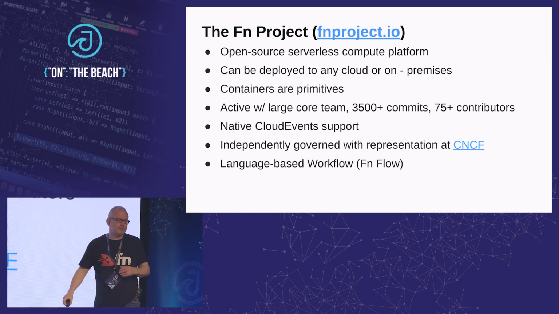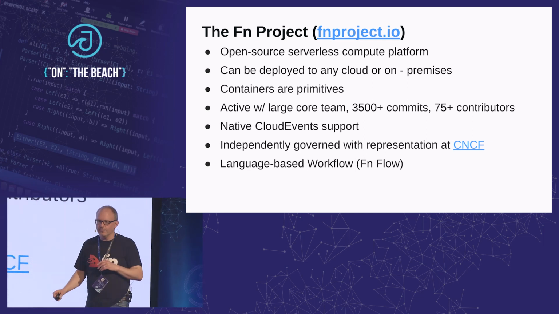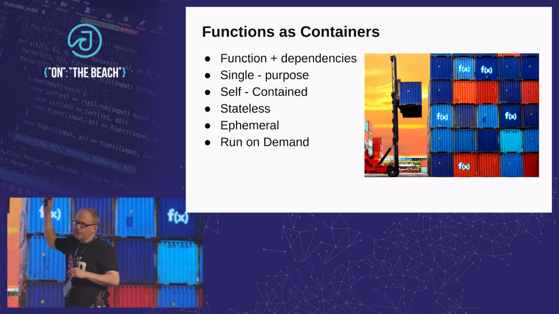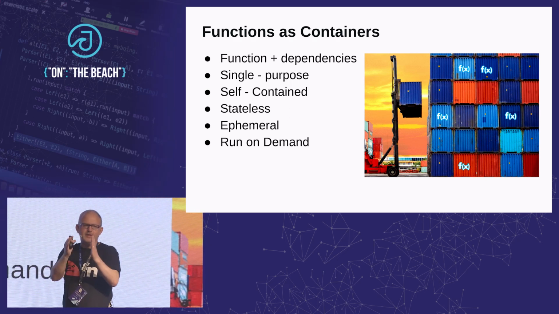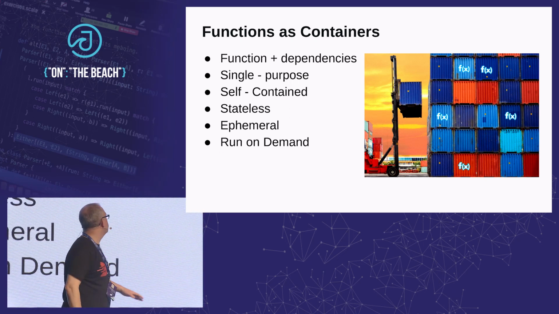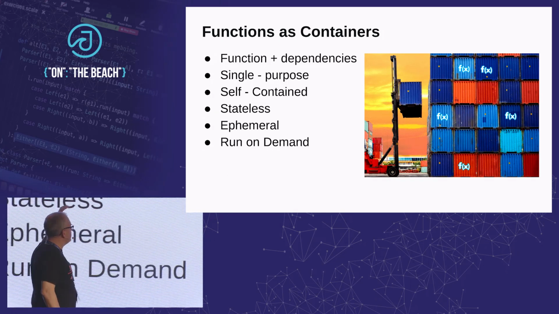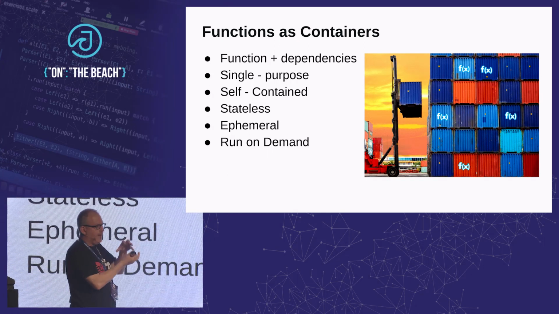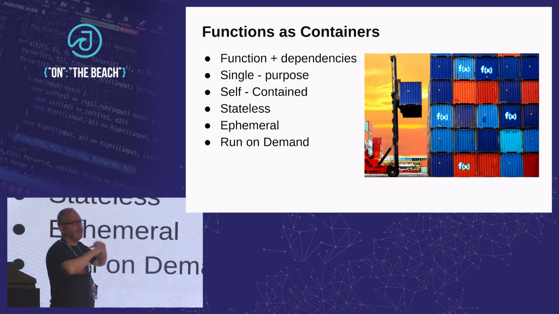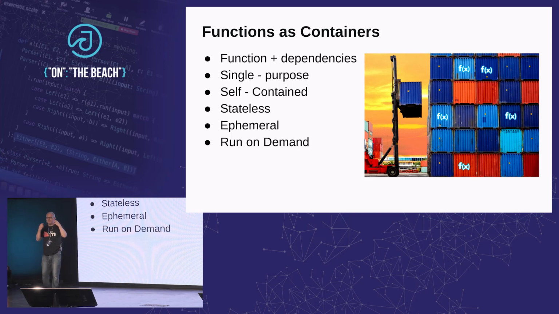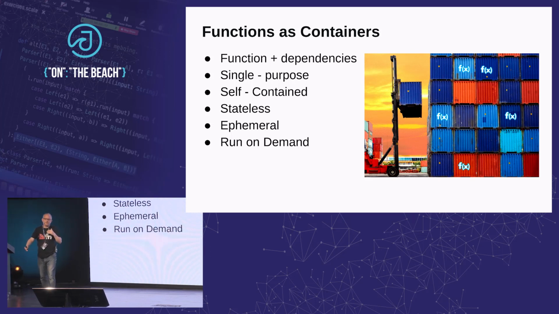And we have a language-based workflow mechanism called Flow. Now, what happens with Fn is you take a function and its dependencies and you bake them into a Docker image, which gives you a single-purpose, self-contained package for your function. The function inside should be stateless. Any state required needs to be written out to an external storage or database.